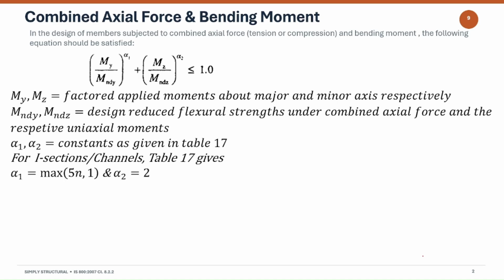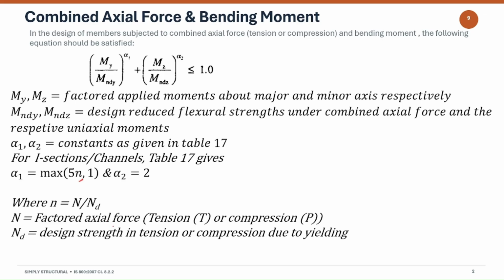Let's say our section is an I section. For that, the value of alpha 1 is maximum of 5n and 1, and the value of alpha 2 is 2. Now what is this n? The value of n is given by N upon Nd.